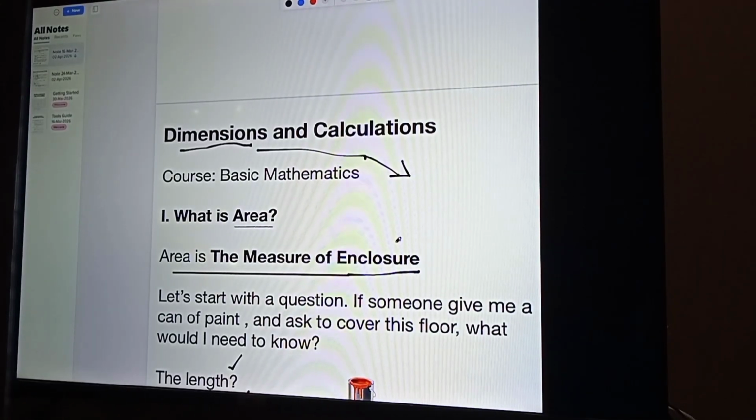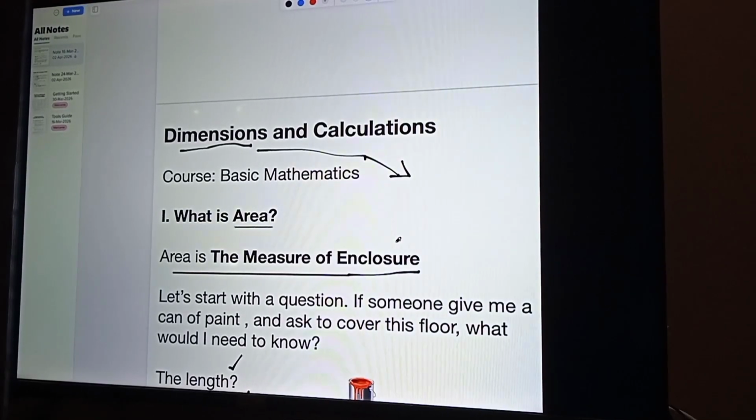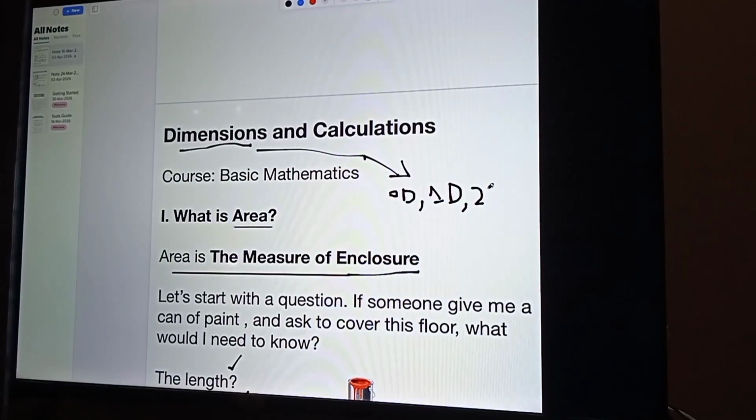In simple words, we can say that dimension is the direction, and that direction could be 0D, meaning zero dimension, 1D of one dimension, 2D of two dimension, or 3D of three dimension.